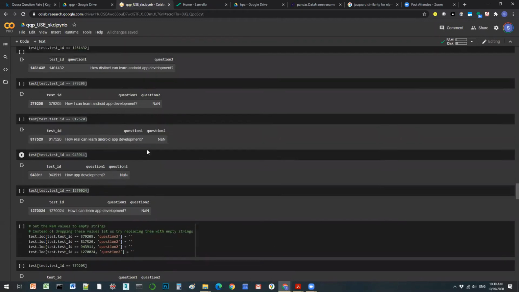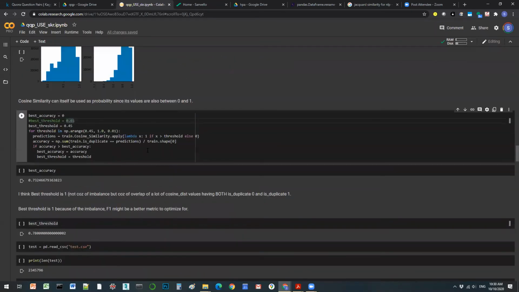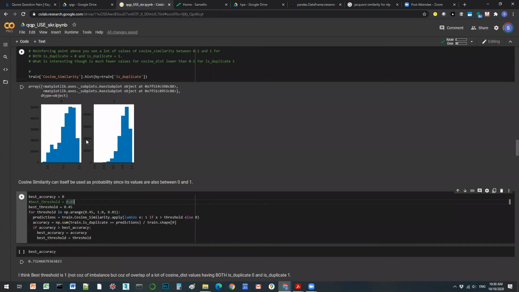I think you started off there, Gautam, and I agree, but I was also looking, this is one reason I feel that cosine distance, at least using the universal sentence encoding, doesn't end up helping us in this particular task, because you can see how many of the is-duplicate zeros still have cosine distance between 0.5 and 1, right?